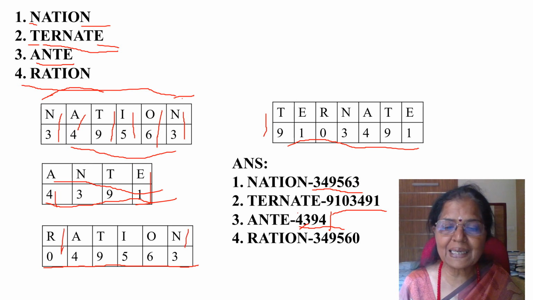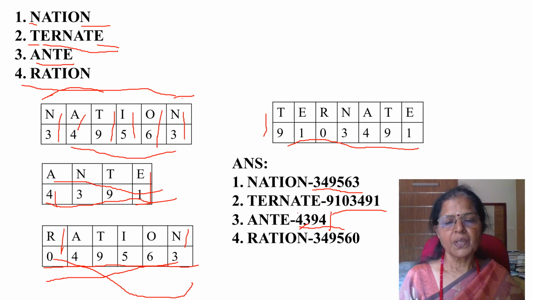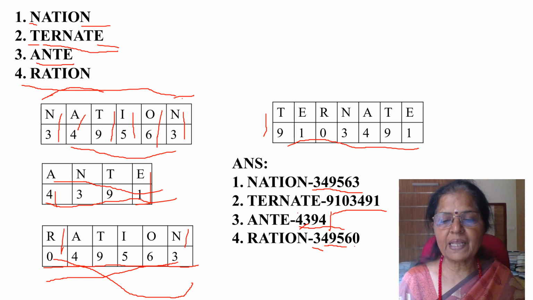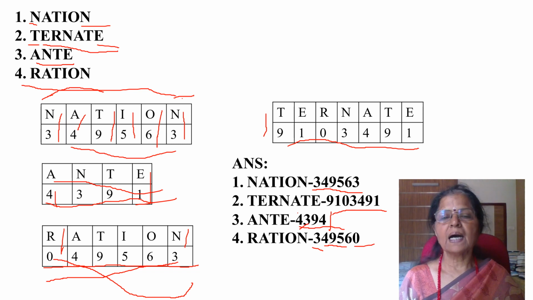Then they are going to be interchanged. So 3 should come to R position and 0 should come to N position. This is interchanging. So the other letters remain the same. So 3 will come first and then followed by the same number order 4, 9, 5, 6 and 0 will come at the end. So this is the answer.